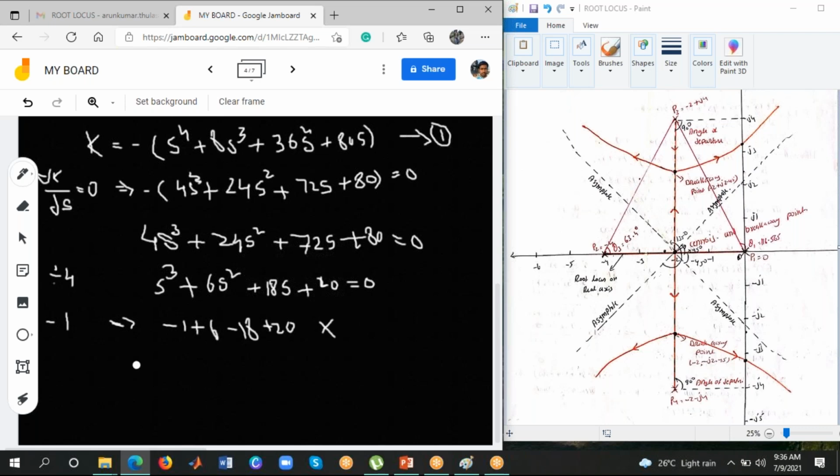Okay, now next, let's see -2. Substitute -2 and check whether it becomes a root or not.